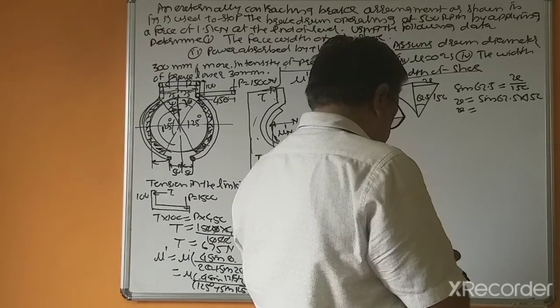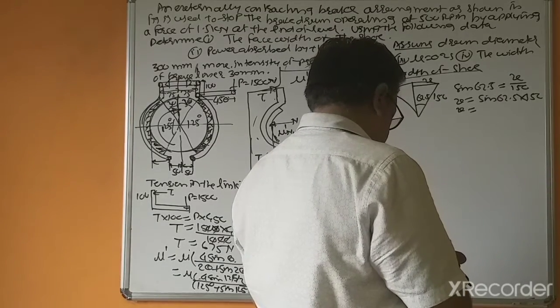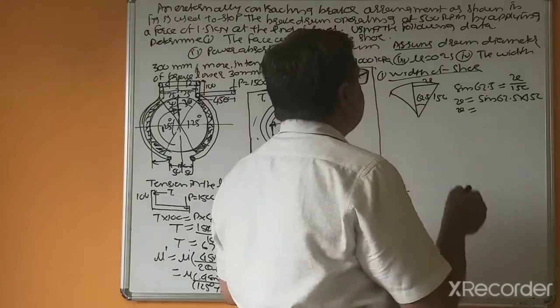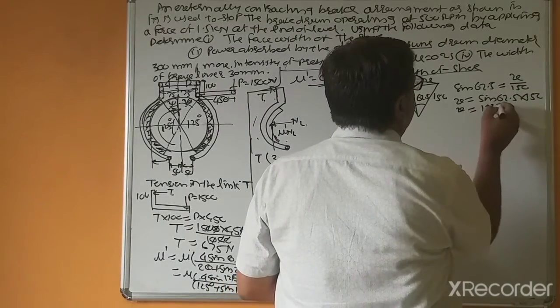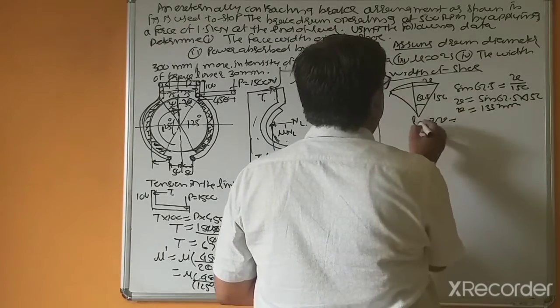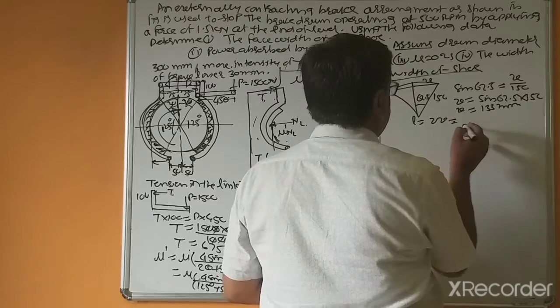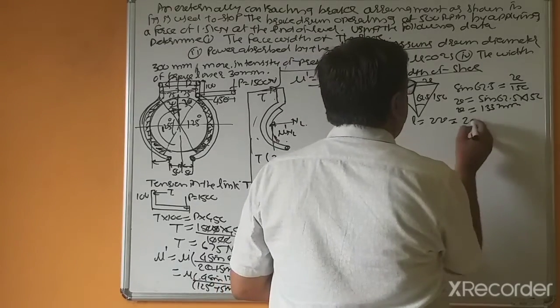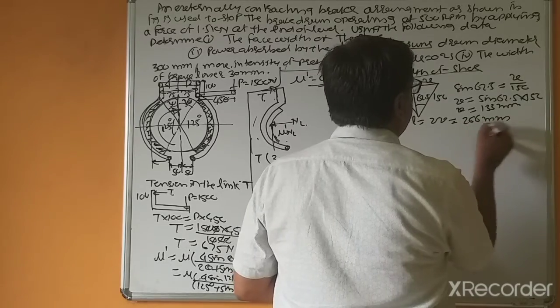Once again I will check. 150 into sine 62.5. So this is 133 mm. That's why 2x equal to multiplied by 2, 266 mm.